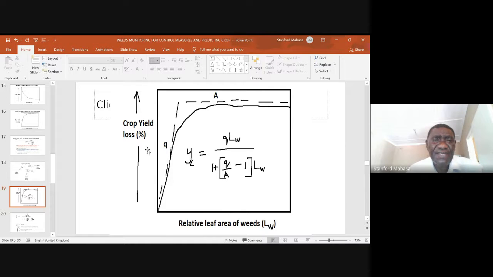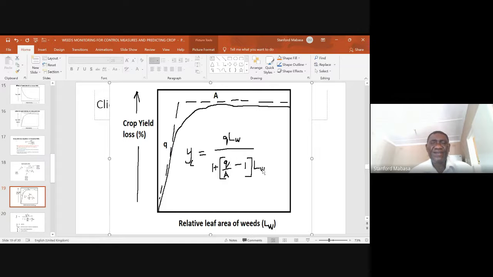Now the equation for crop yield loss becomes Q multiplied by relative leaf area, all divided by 1 plus, in brackets, Q, which is the slope, divided by the maximum yield loss, which is A, minus 1, in brackets, multiplied by the relative leaf area of the weed.